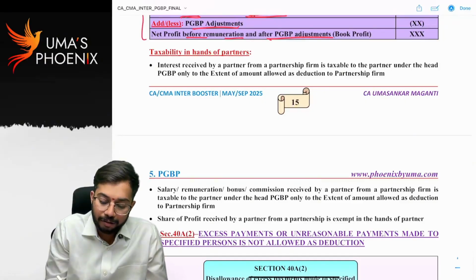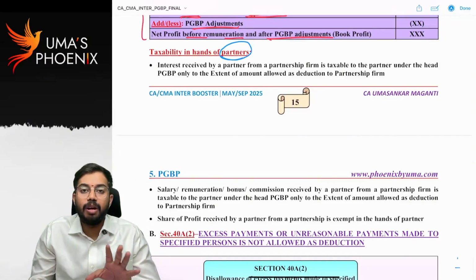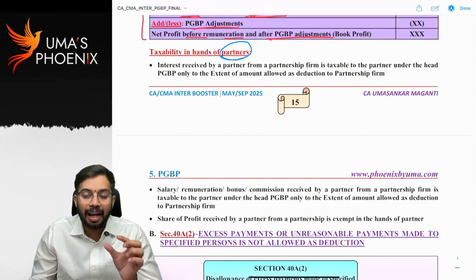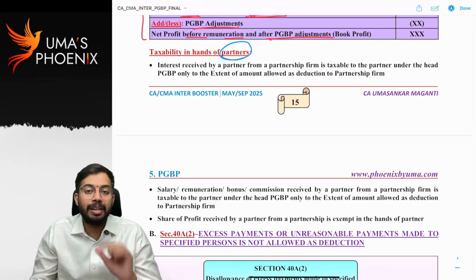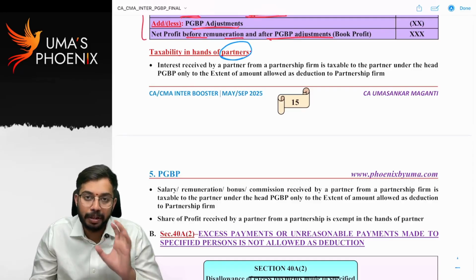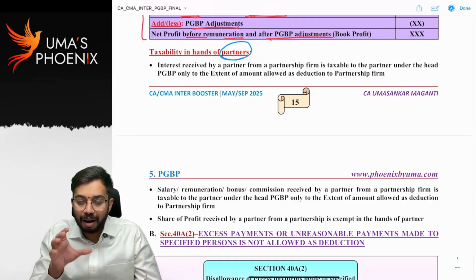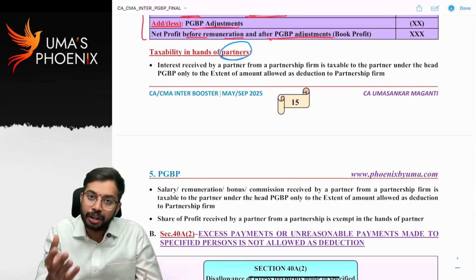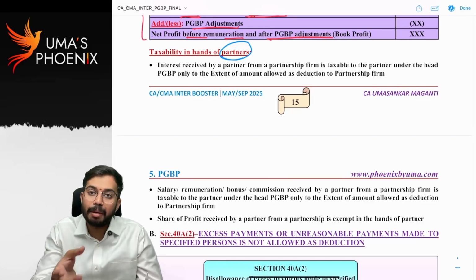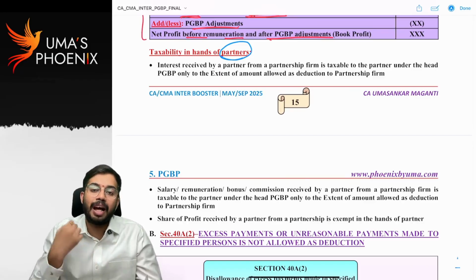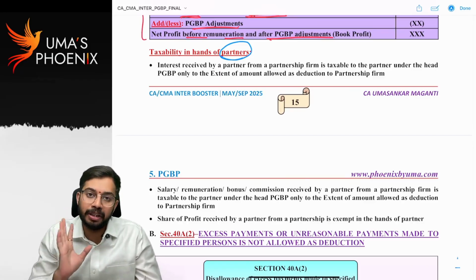Taxability in the hands of partners. See, whatever the salary that is allowed as expenditure to partnership firm, the same salary is taxable in the hands of the partners under the head PGBP. So interest and remuneration to partners, whatever the amount that is allowed as deduction to partnership firm, same amount is in turn taxable in the hands of partners under the head PGBP.